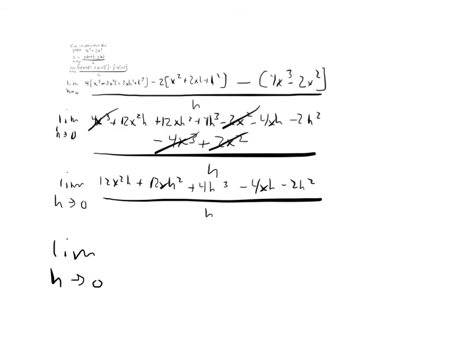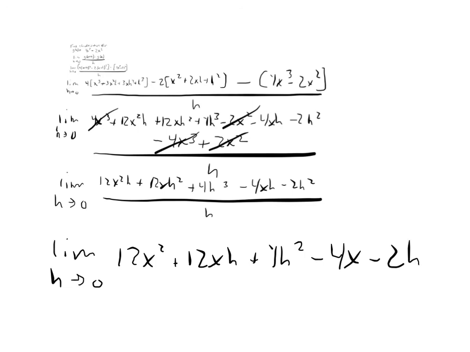So I get the limit as h goes to 0 of 12x squared, if we factor that h out, 12x squared plus 12x h plus 4h squared, then I have minus 4x minus 2h, all over 1. So what's the limit as h goes to 0?